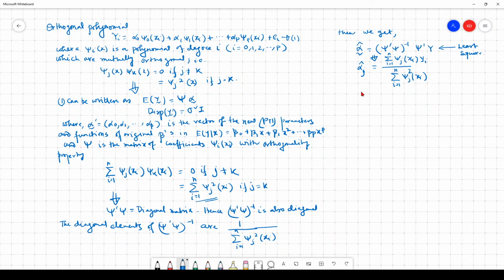And variance of alpha j hat is simply sigma square by the sum over i from 1 to n of psi j square xi. Please check, this is another one.